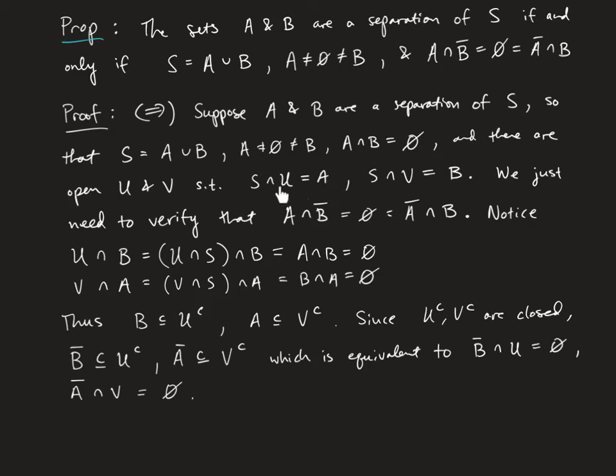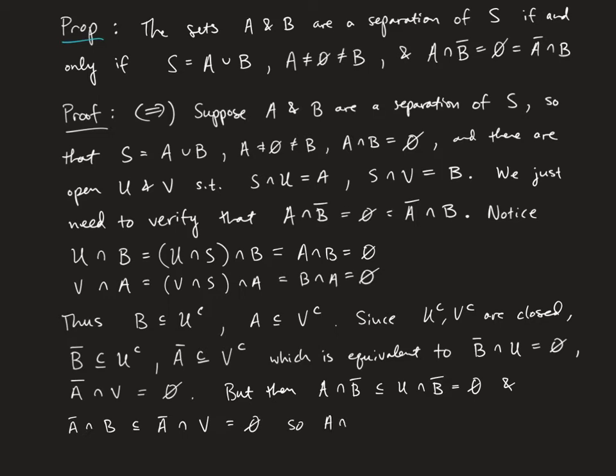By definition, A is a subset of U. So A intersect B closure is contained in U intersect B closure, which is equal to the empty set, and A closure intersect B is contained in A closure intersect V, and that's equal to the empty set.